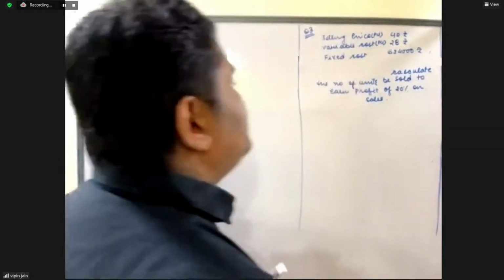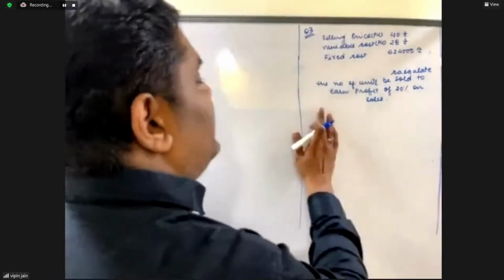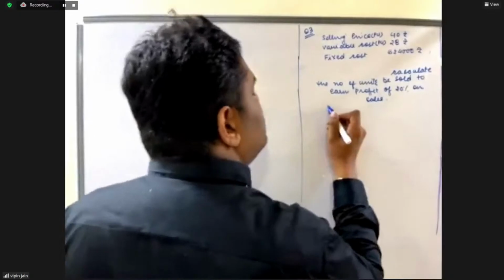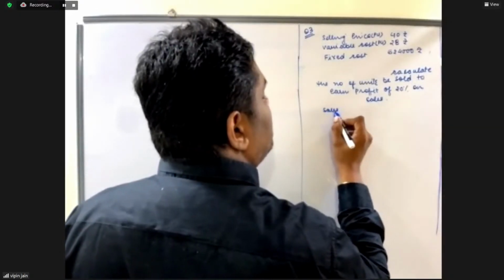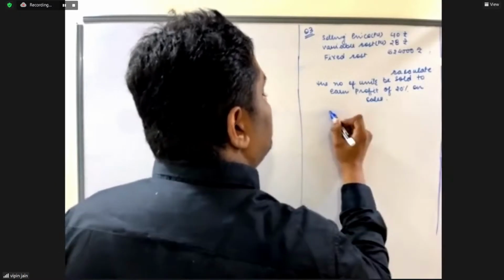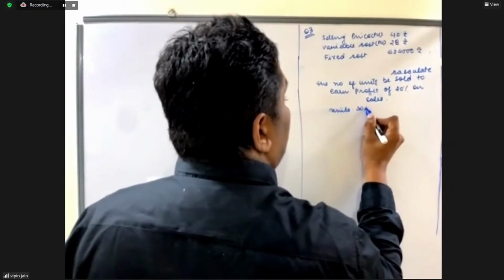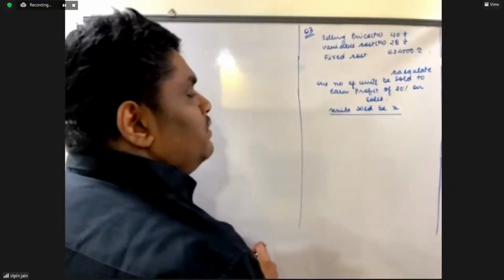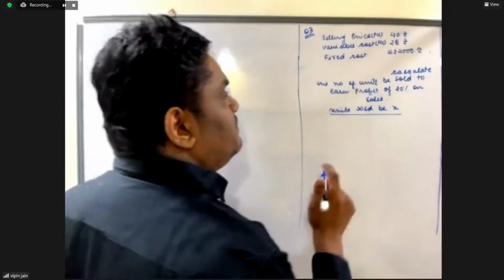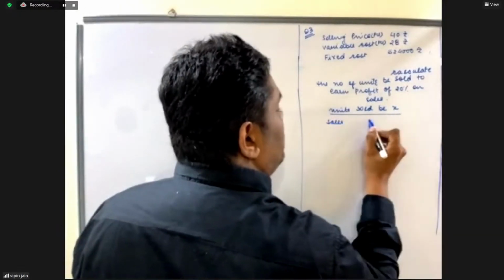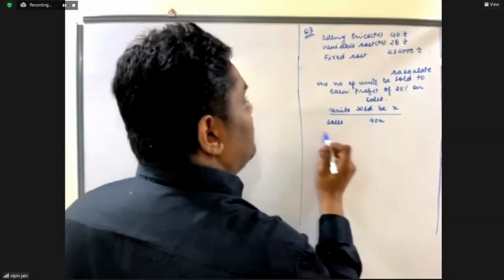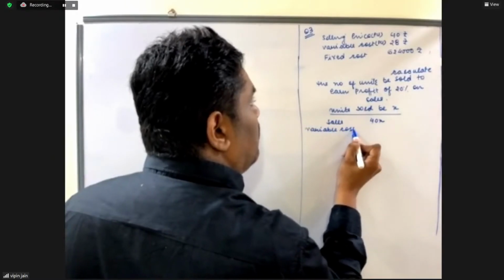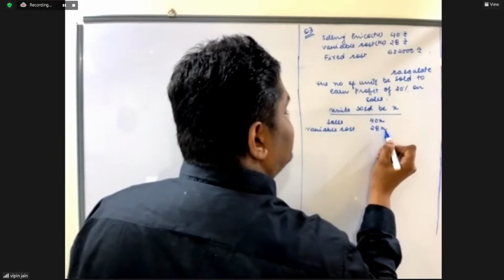So let me discuss this question. You have to calculate the number of units to be sold to earn a profit of 20% on sales. So let's say the units sold be X. So my total sales will be what? 40X. My variable cost will be what? 28X.